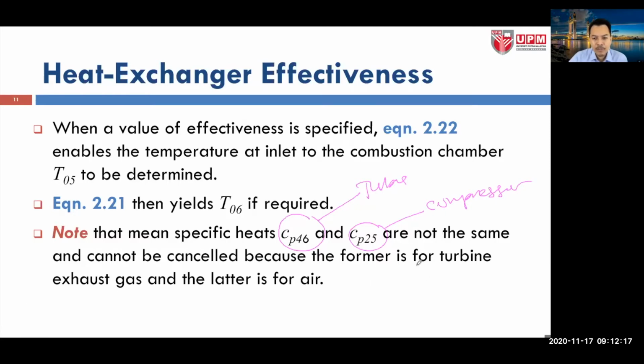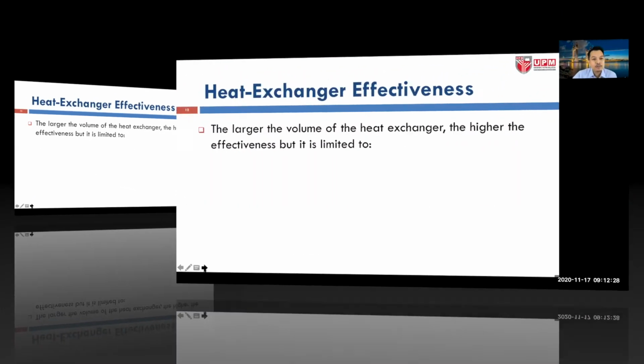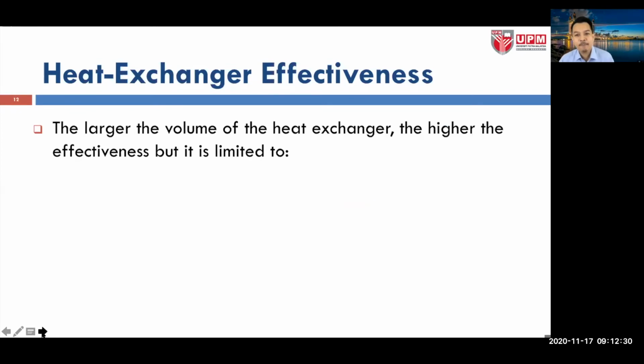We know that for the former, the turbine, it is exhaust gas, and for the compressor it is only air. So the larger the volume of the heat exchanger, the higher the effectiveness, but it is limited by a few items. The first one is the heat transfer surface area.